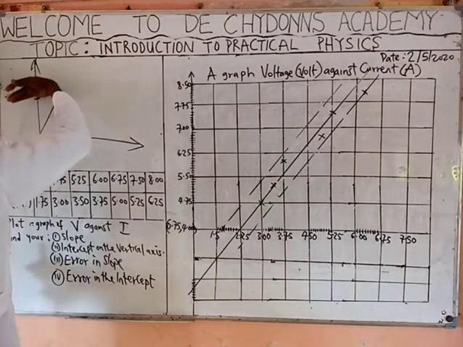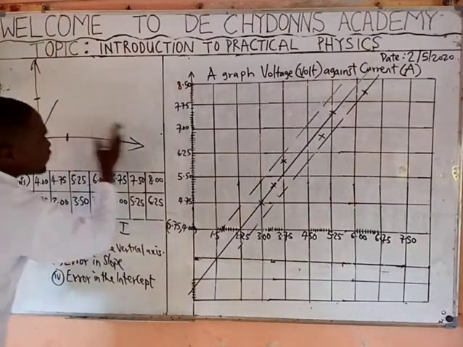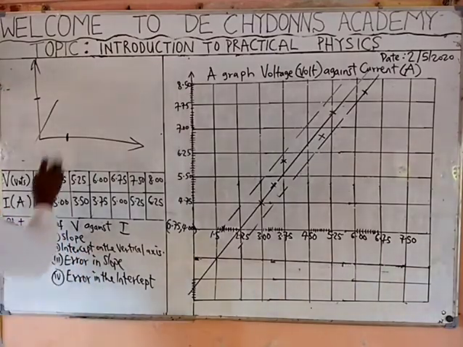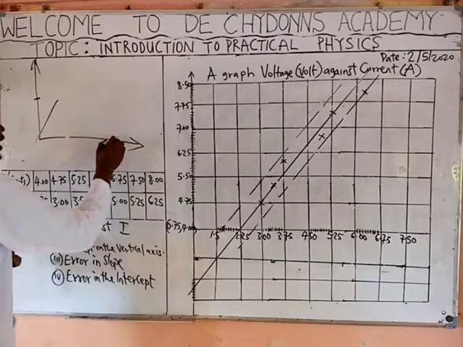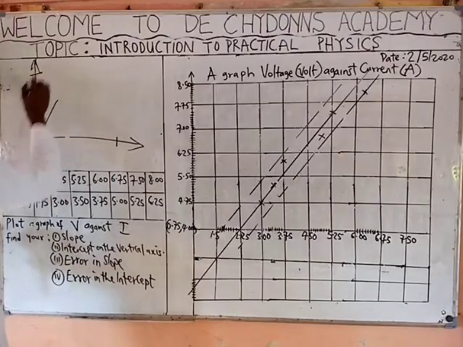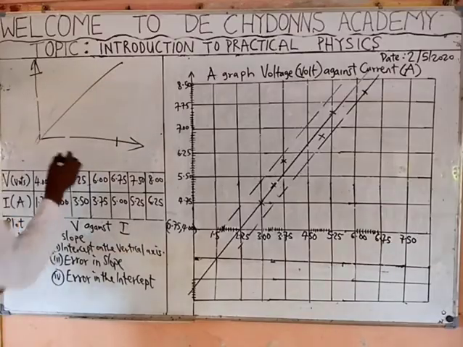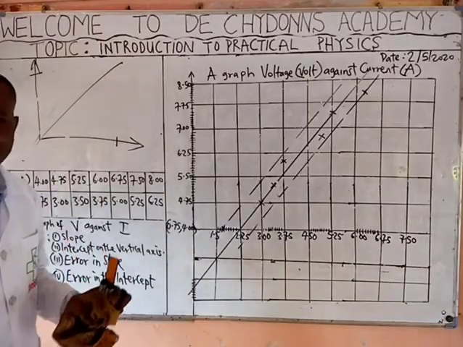Why? Because you have enough space left. So you have to adjust your scale. Adjust it such that at least it will get here and the other one will get here. At least when you plot, your graph will be sweet. Your graph will make sense.